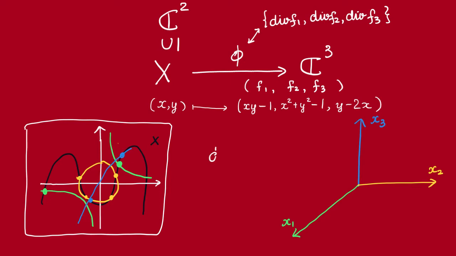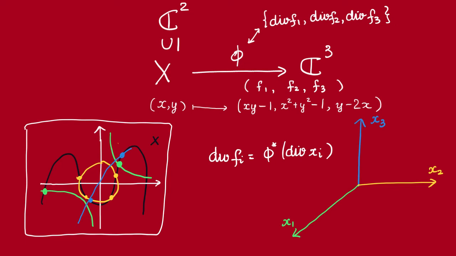Observe then that div Fi is just the pullback of the divisor of xi, where the xi are the coordinates of the codomain C3. Why? Because, for example, to find the zeros of F1, to find div F1, what did we do? We just set this first coordinate equal to 0, right?